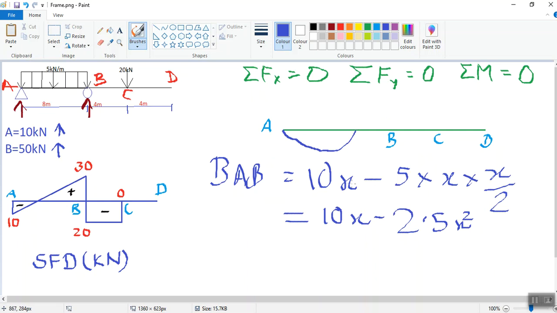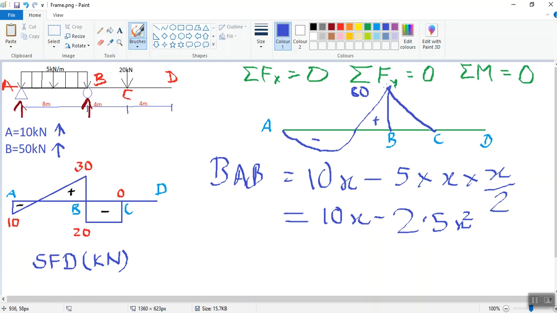Then for x is equal to 8, we have bending moment at support B is negative 80. So bending moment changes direction from positive to negative, and bending moment diagram is curve. And the 20 kilonewton load at C in overhang section gives us 20 times 4, 80 kilonewton meter moment.